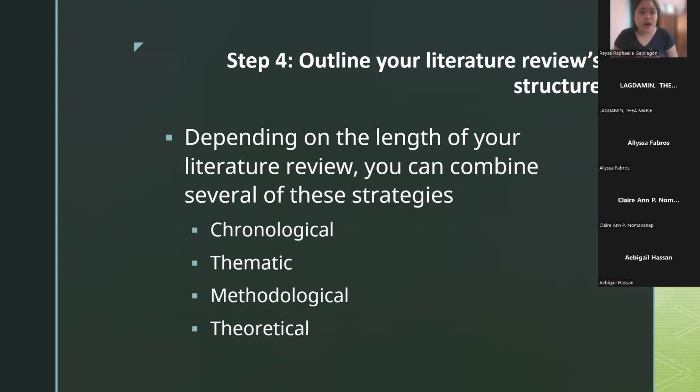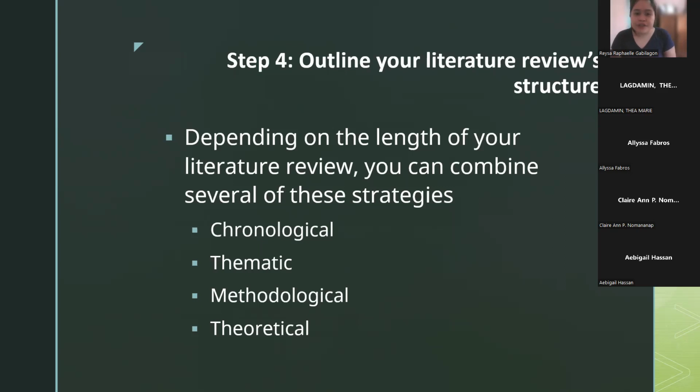And in step 4, we are going to outline now the structure of our literature review. Now, by the way, we don't have a prescribed length for our literature review. Okay? There is no required 10 pages or 10 articles, or anything like that. It's up to you.